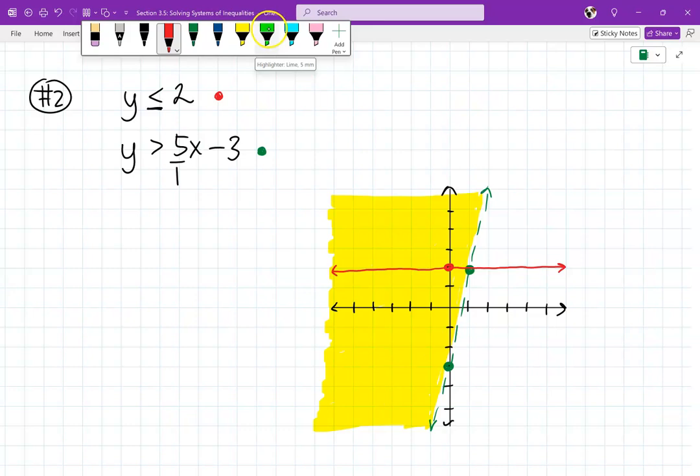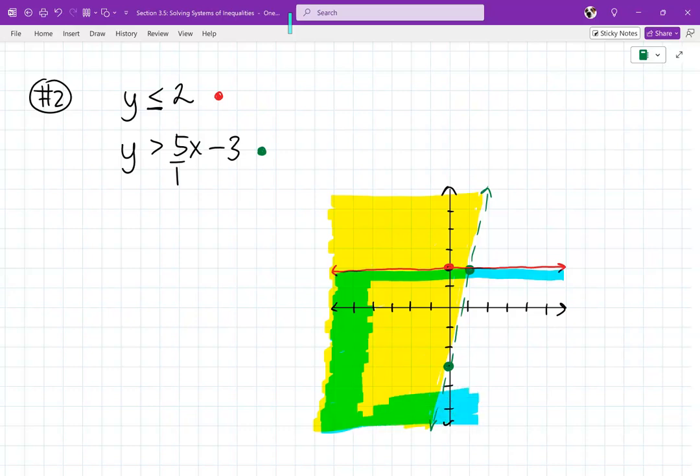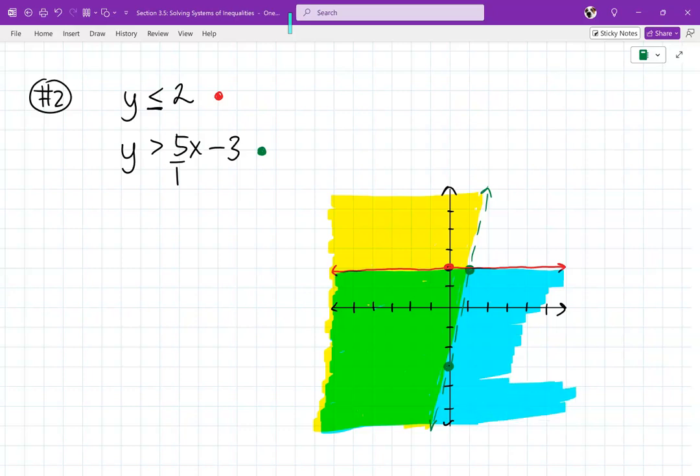So I'm going to grab my blue marker here, and I'm just going to go across. Like so. You can see right there how when I was drawing it, it was changing colors on the left side, but not on the right side. And that's going to be my answer, that green portion right there.